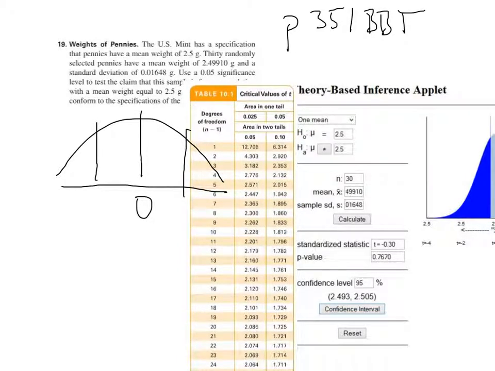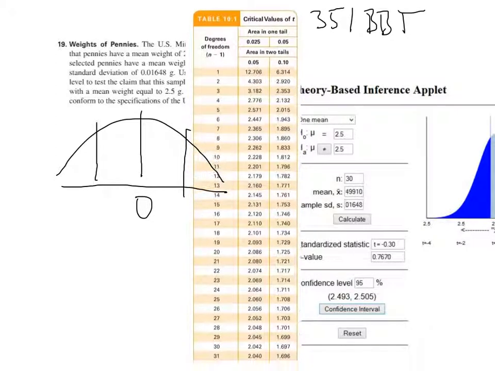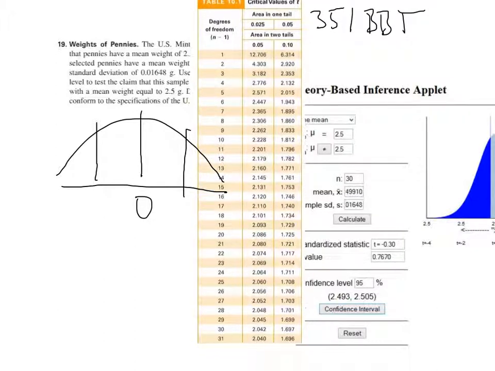Because I've got a two-tailed test, I want those two-tailed areas to add up to 0.05. So I'm going to use this column, and I come down this column until I find 29, because that's my degrees of freedom. There's 29, so 2.045. So negative 2.045 and positive 2.045.